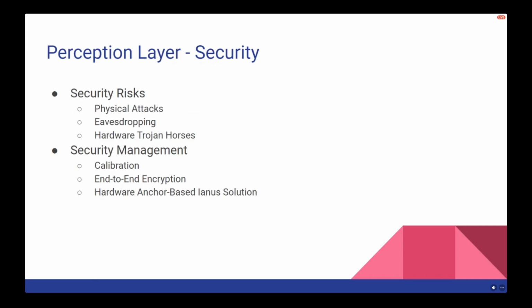Some ways to manage it are calibration, which is essentially cleaning up the data that the sensors transmit, end-to-end encryption, which makes sure that between the layers all the data works well, as well as a hardware anchor-based IANA solution, which works to essentially monitor the entire system. Next slide, please.